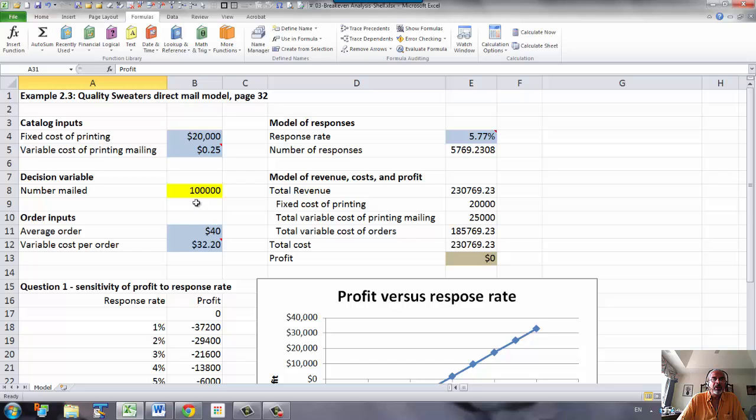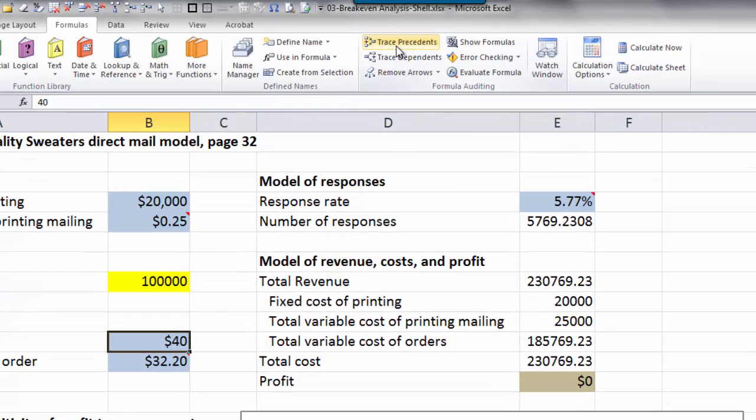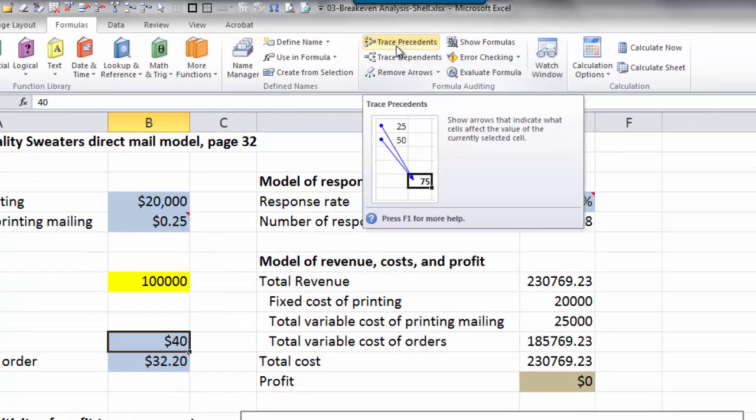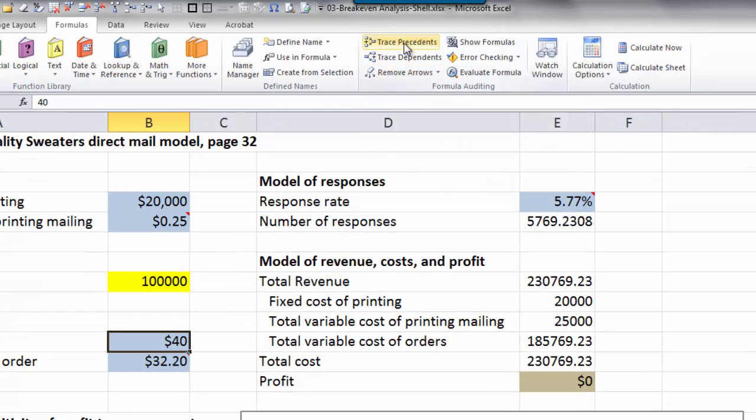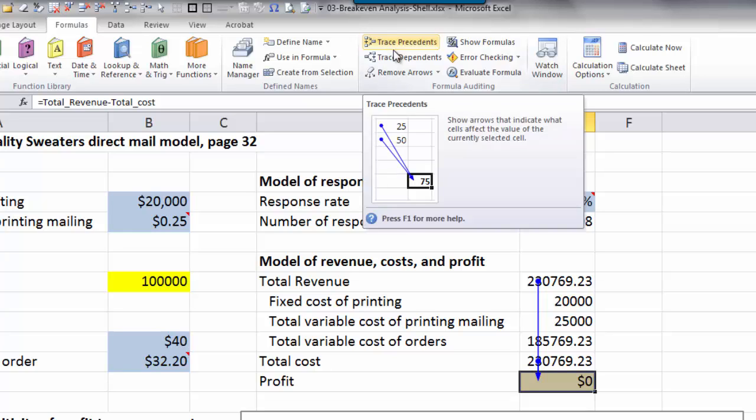You click on any given cell, then trace precedents will give you the cell addresses that you have used to set up that cell. For example, if you go to profit and then say trace precedents, it will tell you what cells are brought in as input into this cell. So that is trace precedents.